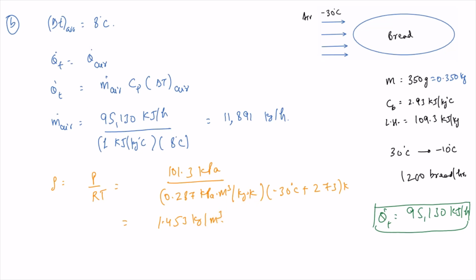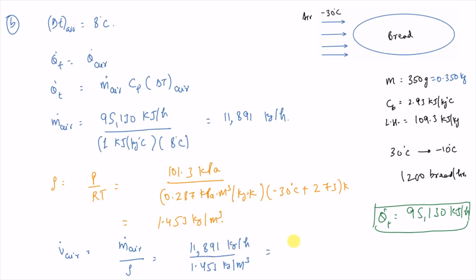Now next we'll be calculating the volume flow rate of air, and it will be equal to the mass flow rate of air divided by density. So density we have calculated as 1.453 kg per meter cube, and mass flow rate of air is 11,891 kg per hour.